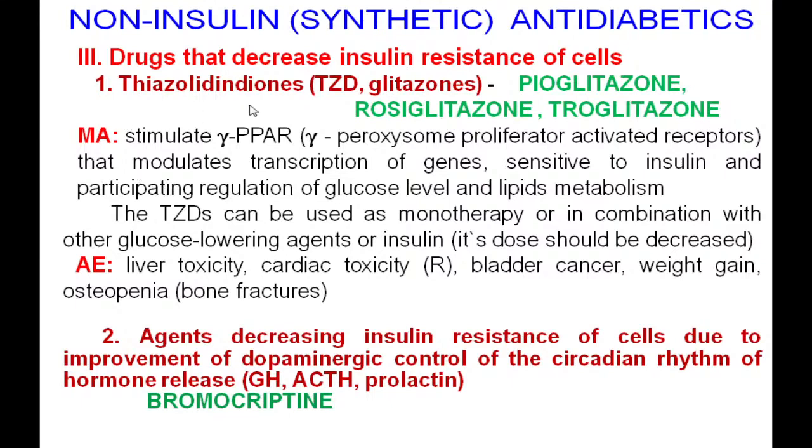Mechanism of action of thiazolidinediones is associated with stimulation of gamma PPAR receptors, gamma peroxisome proliferator activated receptors. These receptors modulate transcription of genes sensitive to insulin and participate in regulation of glucose level and lipids metabolism. Thiazolidinediones can be used as monotherapy or in combination with other glucose-lowering agents or insulin.